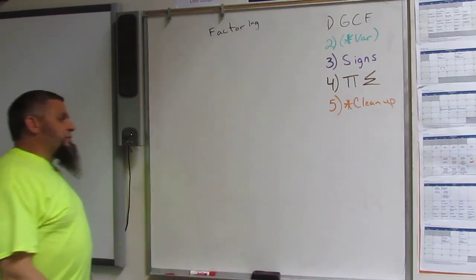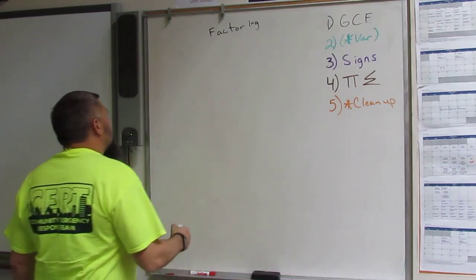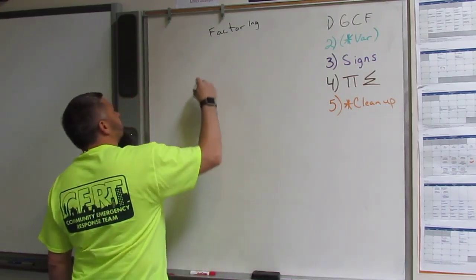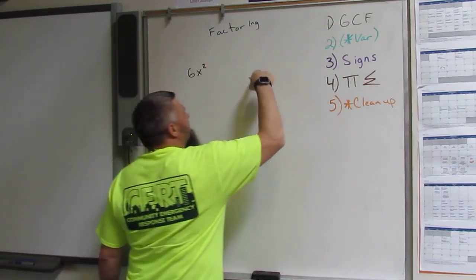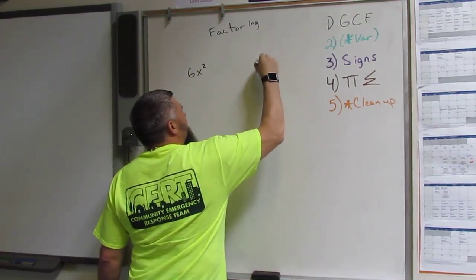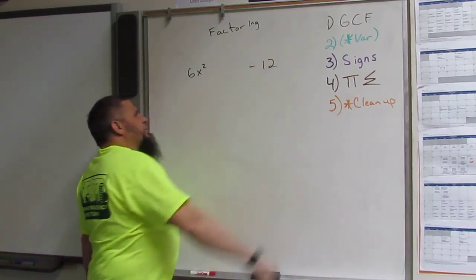Okay? And so I'm going to use a number. Let's use 6x squared. Yeah, why not? 12. Let's go with a minus.